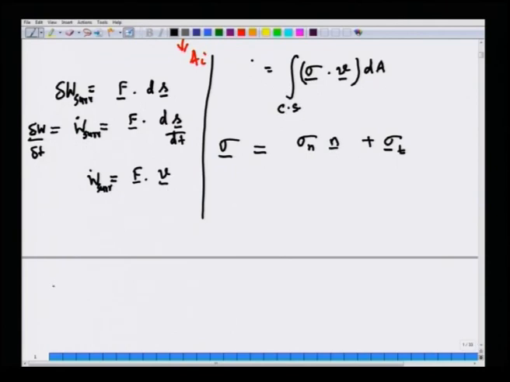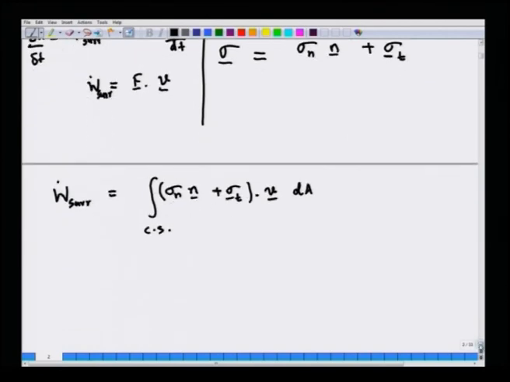So, the rate at which work is done by the surroundings on the CV is nothing but the integral of sigma n over all the control surfaces plus sigma t dot V dA, integrated over all the area.